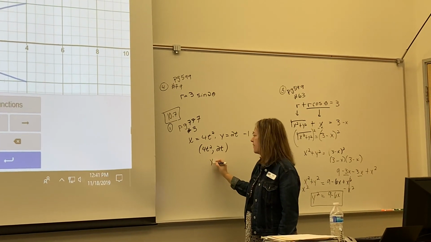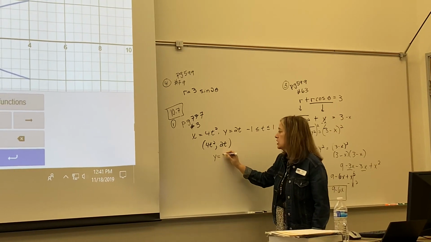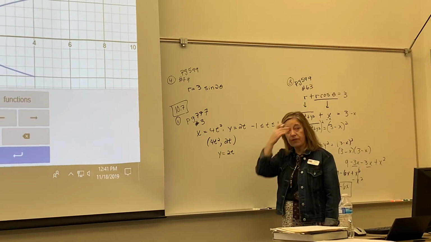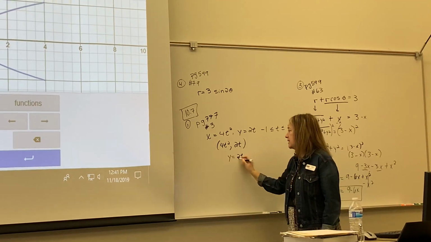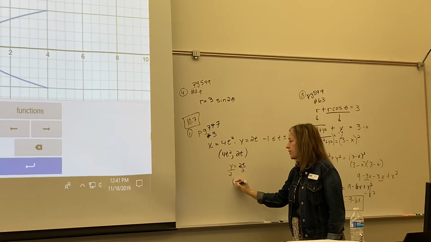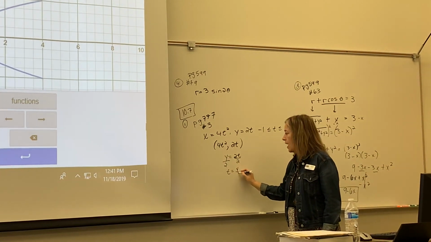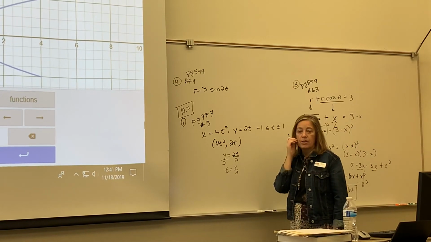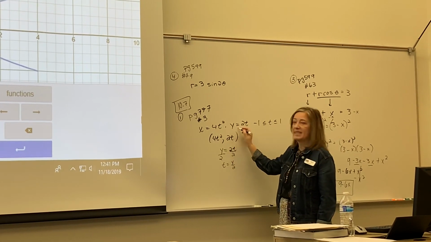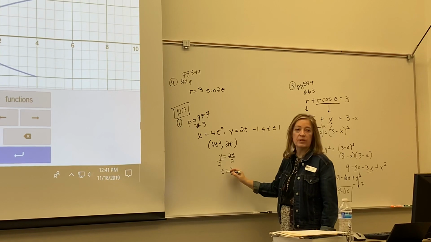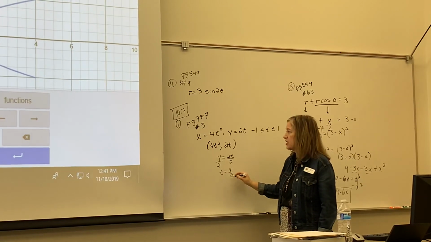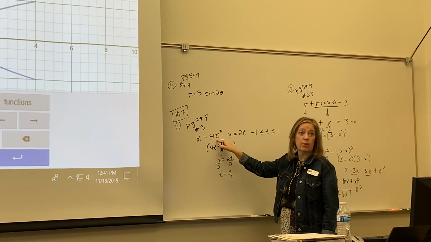So doing so, I get the following. You have y equals 2t, and to solve for t, I'm going to divide both sides by 2. So therefore, t is equal to y over 2. So then once you've solved for t in this second equation right here, I'm going to take and substitute for t into this first equation.